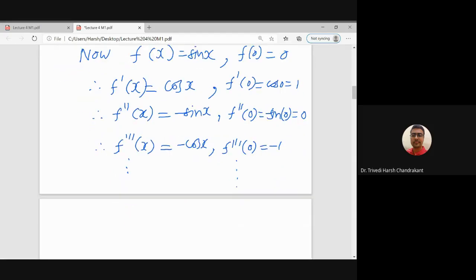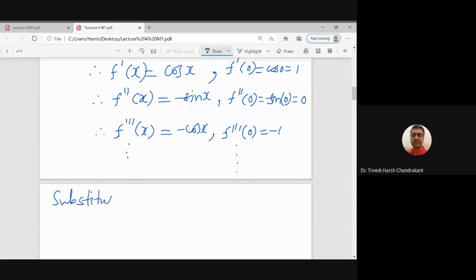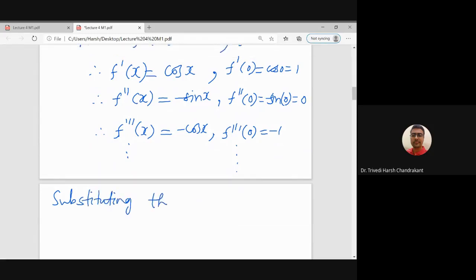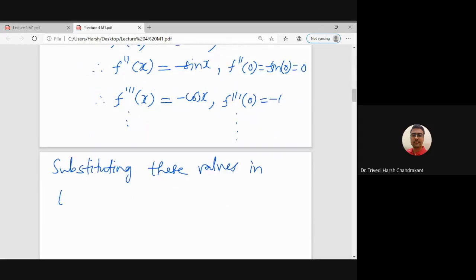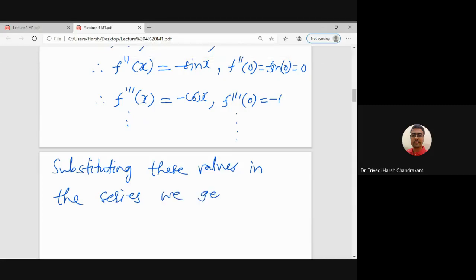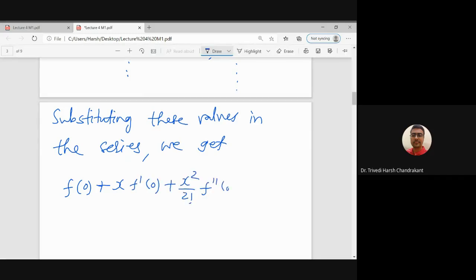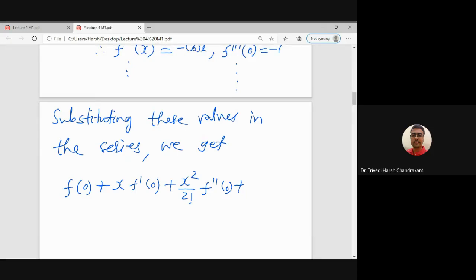So substituting these values in the series, we get the series expansion f of 0 plus x f dash 0 plus x square by 2 factorial f double dash 0 and so on. Let us find up to the third term.